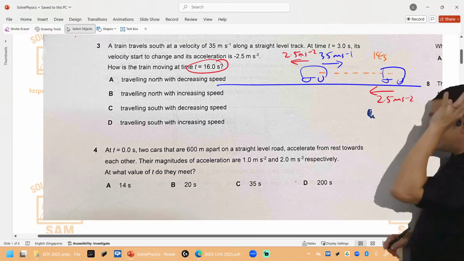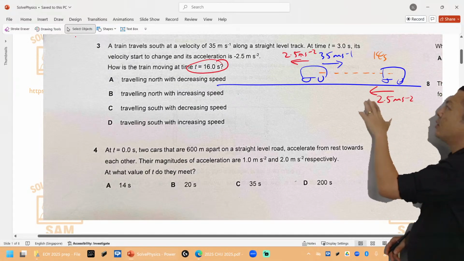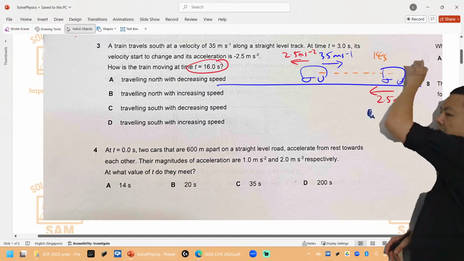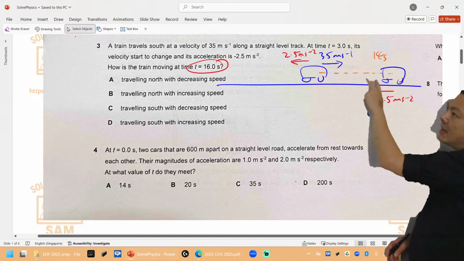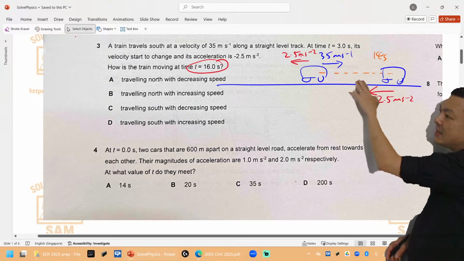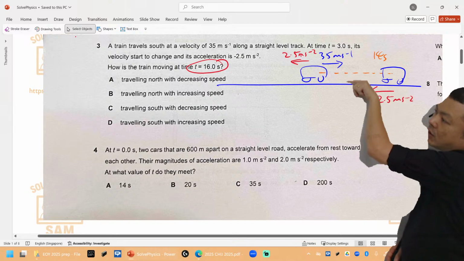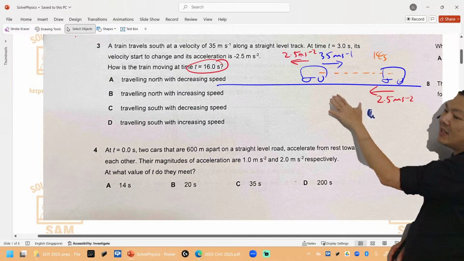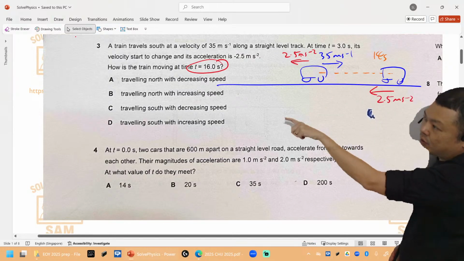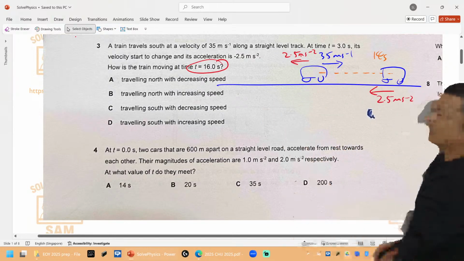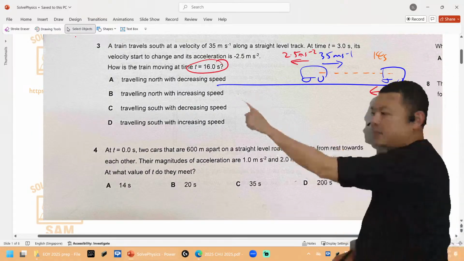Which means once the train stops, it will start to go backwards. In the last 2 seconds, it will be traveling towards the north, and the speed is still increasing because it's getting faster. So your answer will be B.